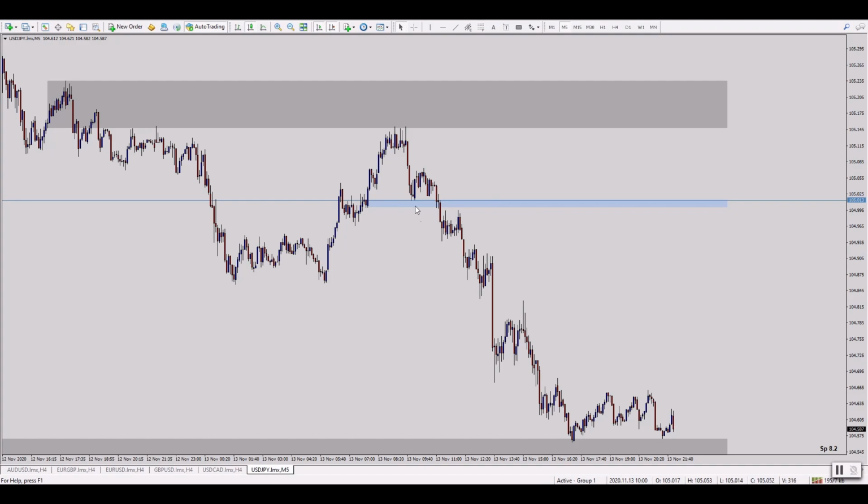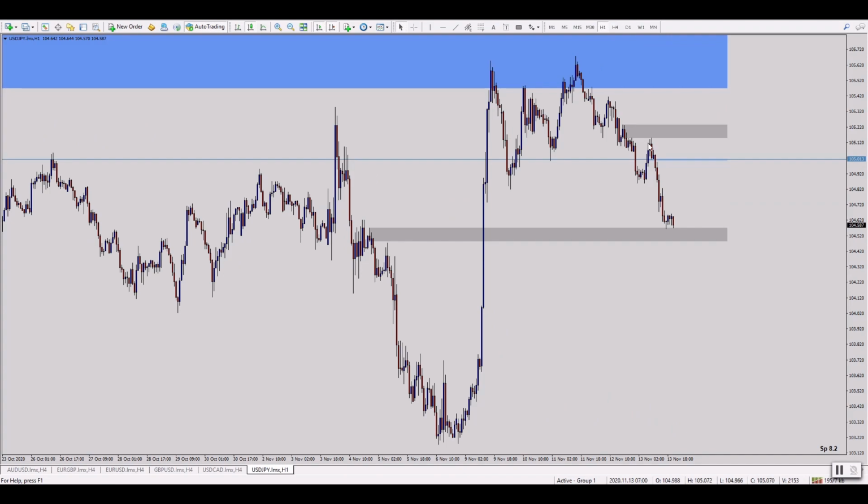Okay, so we've moved from curves to SDCs, but there is a link, and that is, of course, never ever trade. If you're going to trade an SDC, you're always trading it inside a higher time frame curve. In this case, the higher time frame curve is this H1 supply to H1 demand.